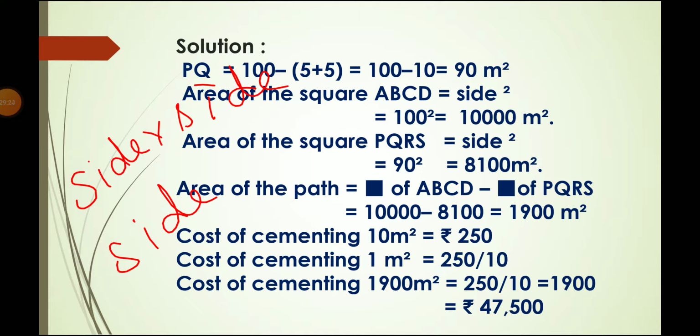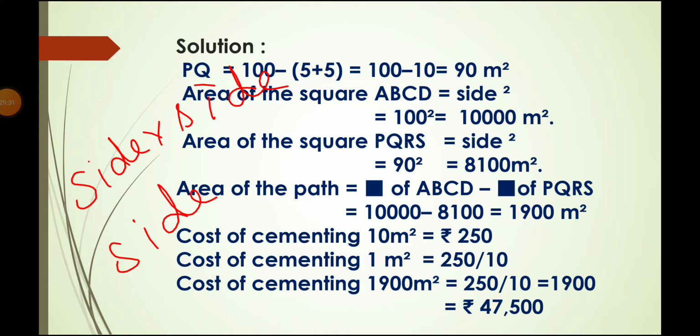So we should find the cost of cementing 1 meter square, so we divide 250 by 10. The numerator and the denominator each have a zero, so we can cancel it directly. So we get 25.